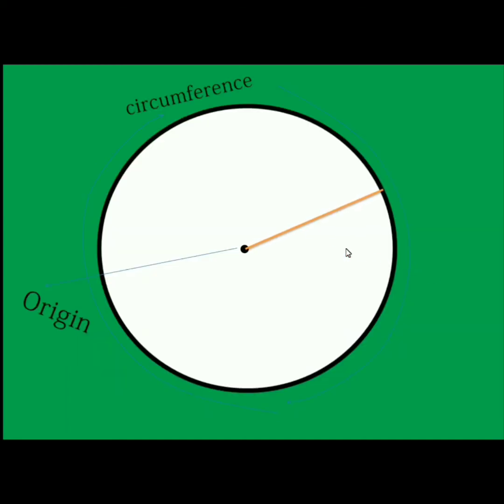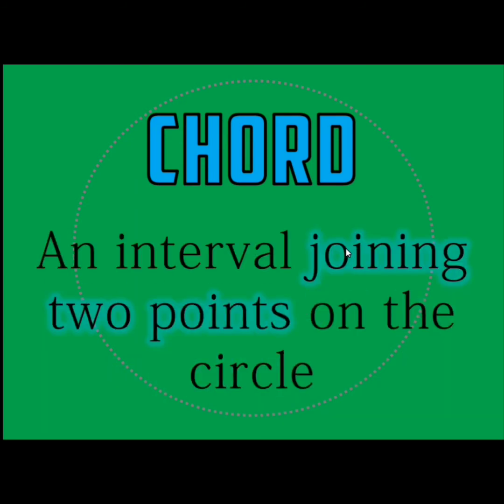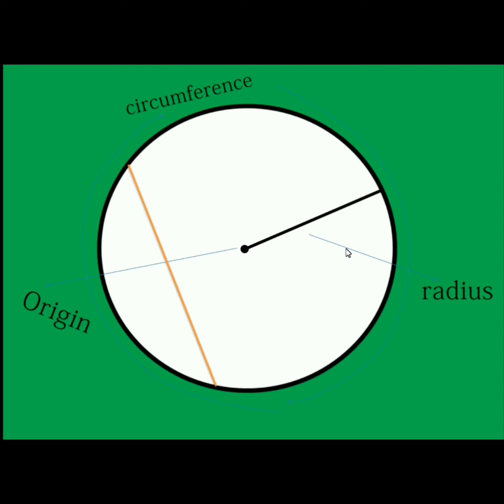So we have 2 points, any point from the circle and the center. Next is chord, an interval joining 2 points on the circle. This is the chord.